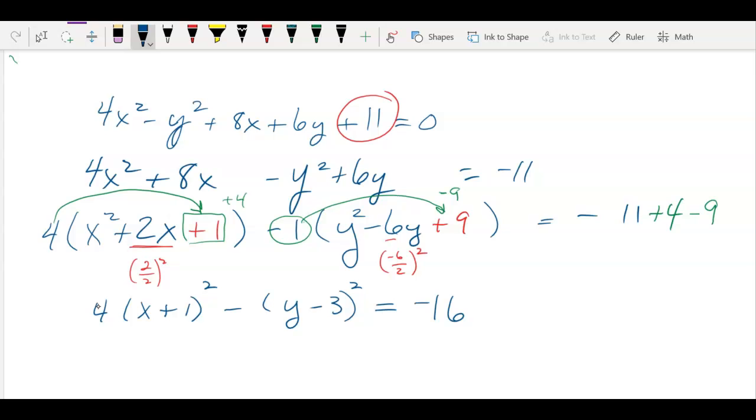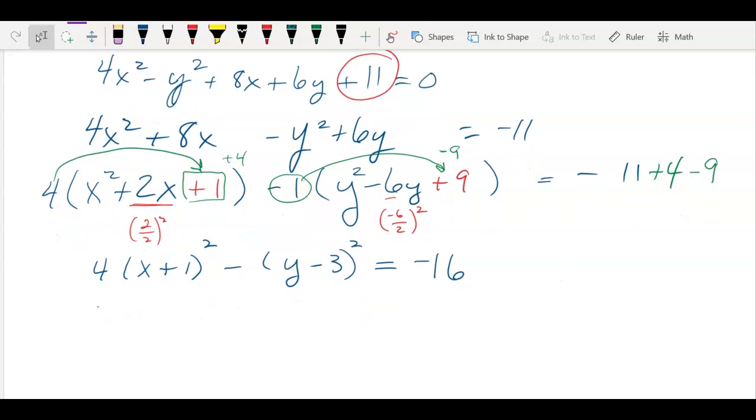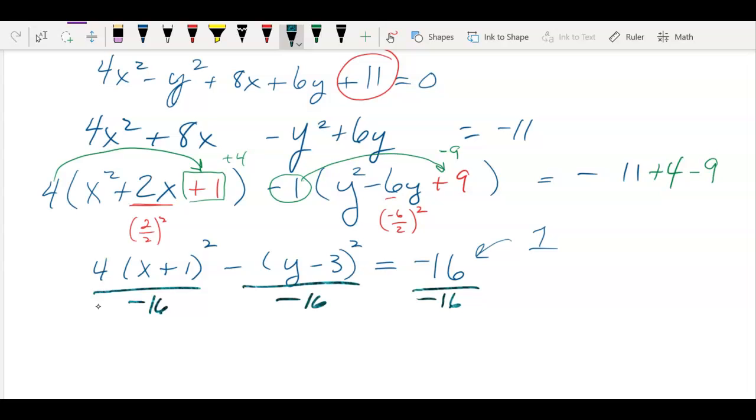Okay, so we're not quite in our standard form yet. To get it in standard form, you need this to be a 1. So you're going to go through and divide everything by -16. And what does that give us?